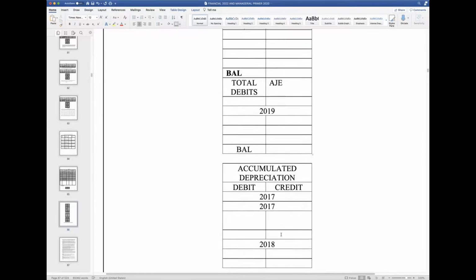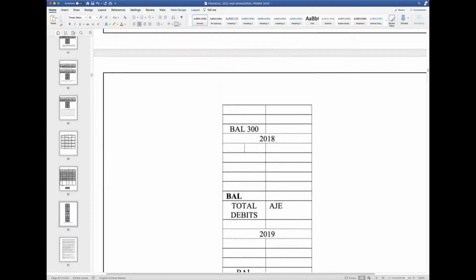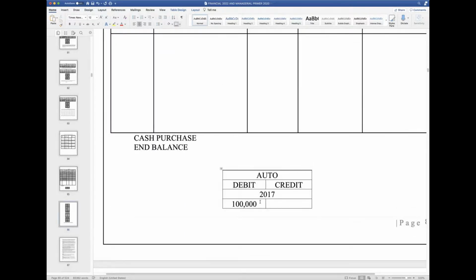And now we have this new account, depreciation, that we're going to utilize because we don't want to change the cost. We want to keep it at 100,000. We have a long-lived asset, so I always want to know what it costs.